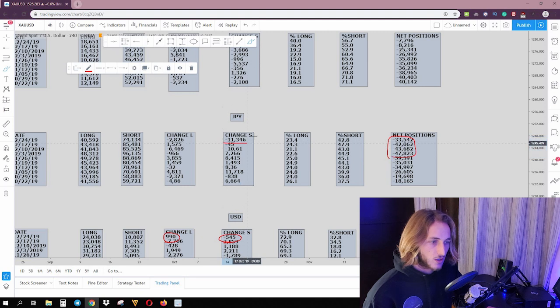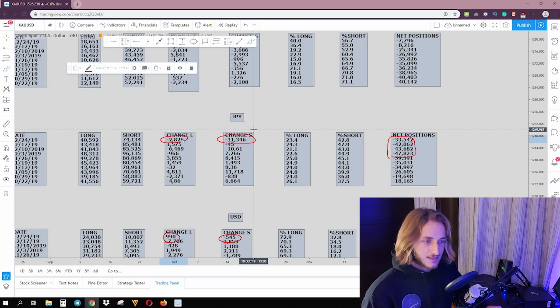With the last report, they closed 11k shorts and also closed 2k longs, meaning that overall they are still not buying JPY aggressively, but they are starting to shift their positioning in the market.